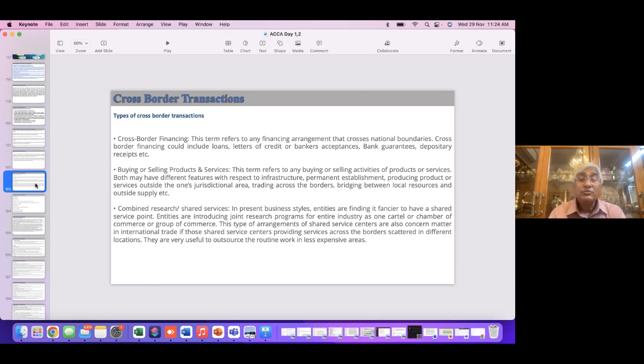All these are looked after from a different country, for example from India. So it's a sort of BPO activity. Again, all these transactions fall under cross-border transactions, since more than one country is involved. It is not within the national boundary, it is outside the national boundary. So cross-border financing is one of the major issues.